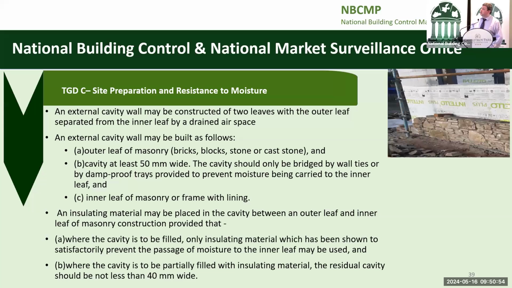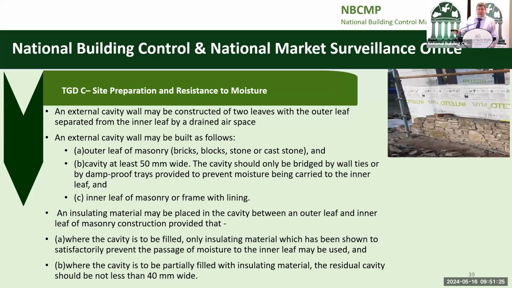Remember, Part C of the building regulations is prima facie compliance, so the wall type given in it was a masonry cavity at least 50 mil wide, to allow drying out. An insulating material may be placed in the cavity between an outer leaf and an inner leaf of construction, and where the cavity is to be filled, only insulating material which has been shown to satisfactorily prevent the passage of moisture to the inner leaf may be used.